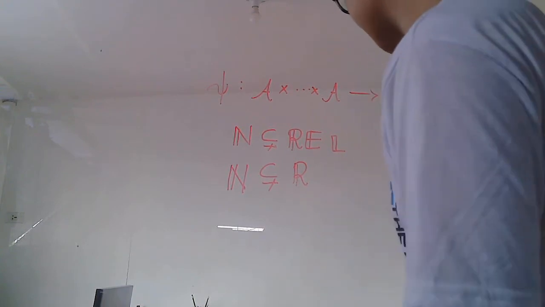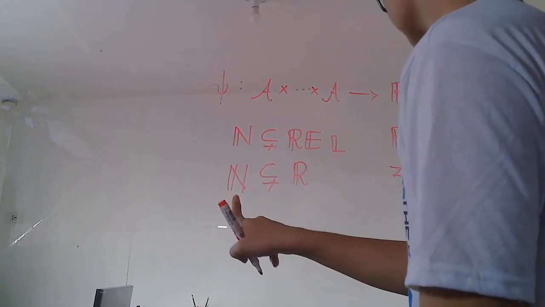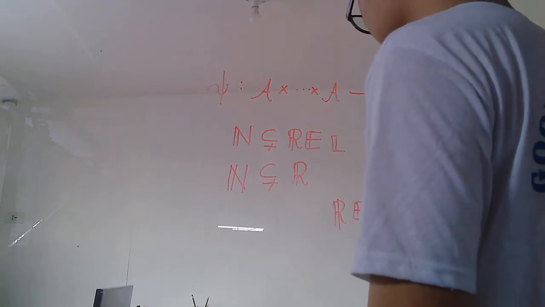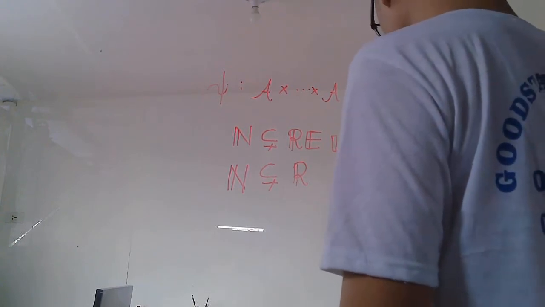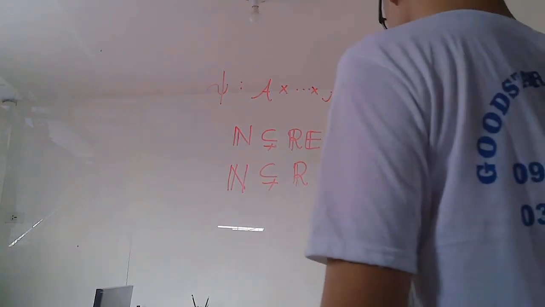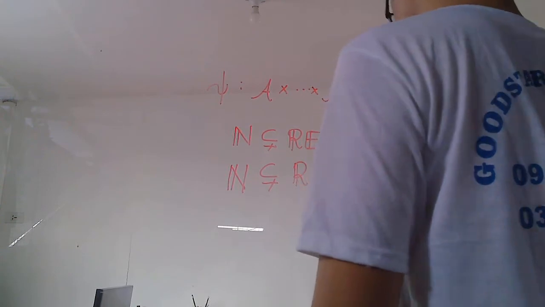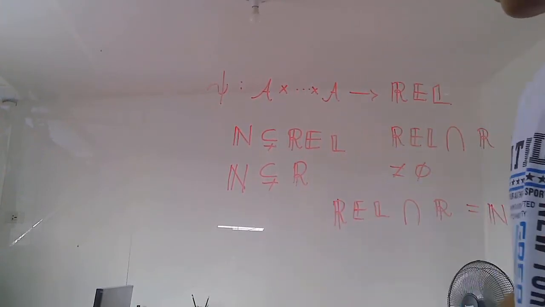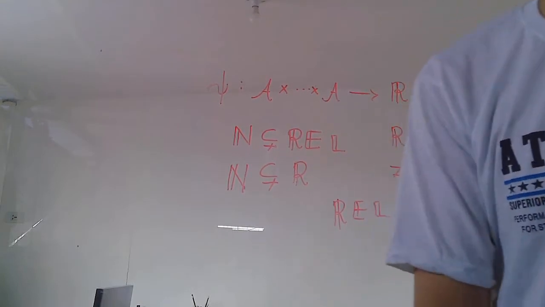And this intersection is in fact N. So the intersection between REL and R is precisely N, the thing that's in both sets.